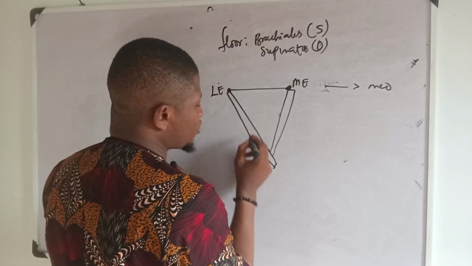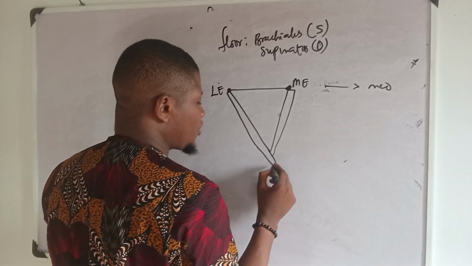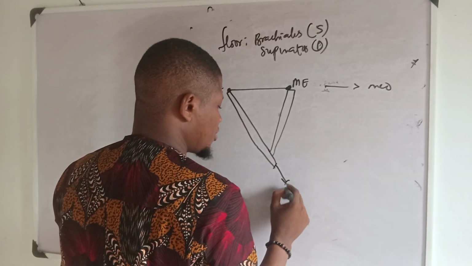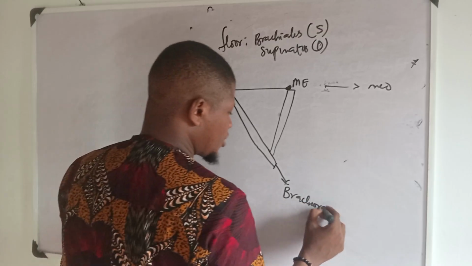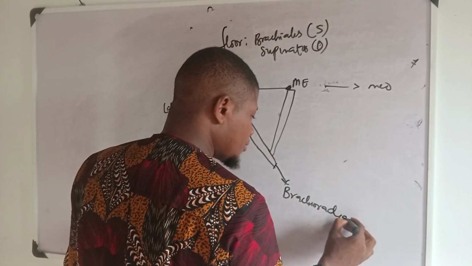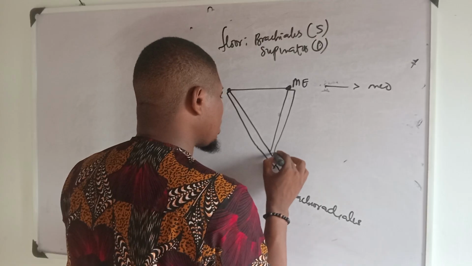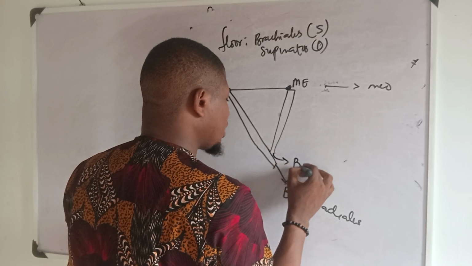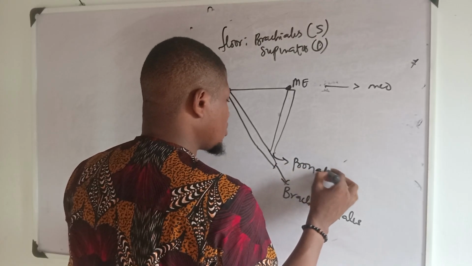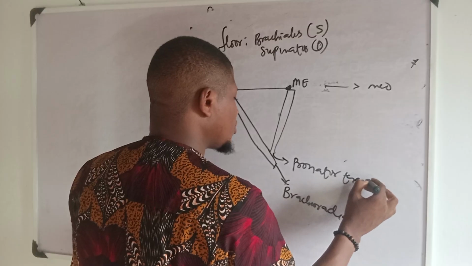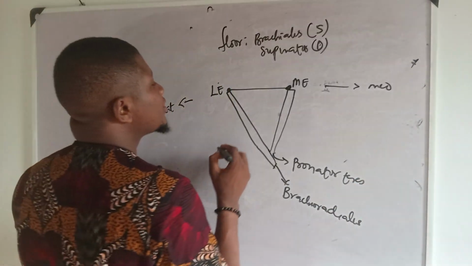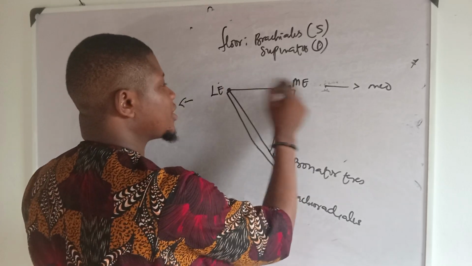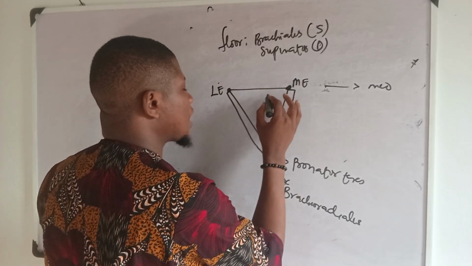This muscle is brachioradialis. Then this one is pronator teres.